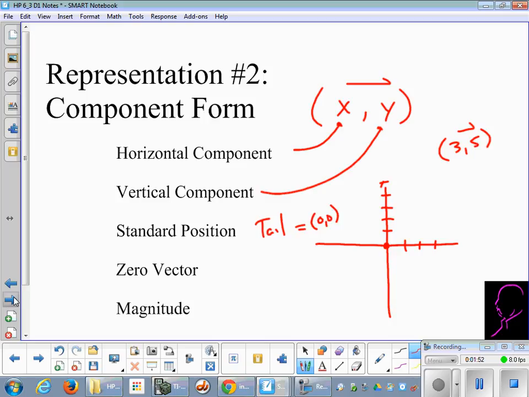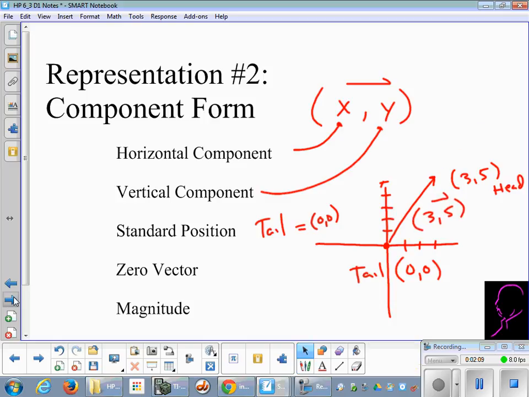And from there, the head of that vector ends up at the point 3, 5. Okay? So this is the tail. This is the head. Notice, this 3, 5 is describing the vector, not the point.